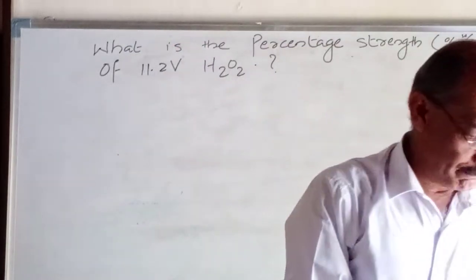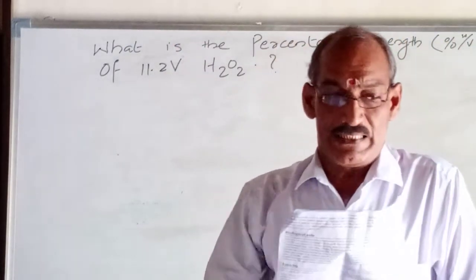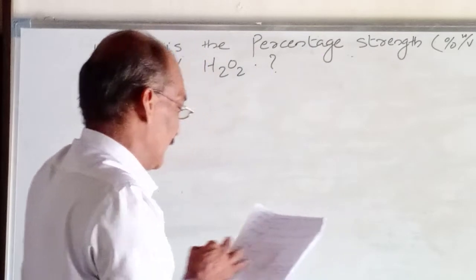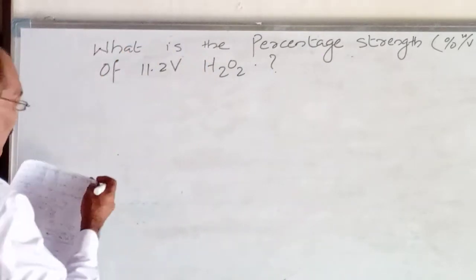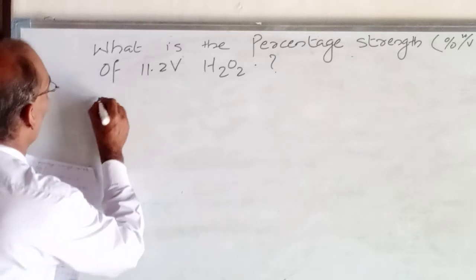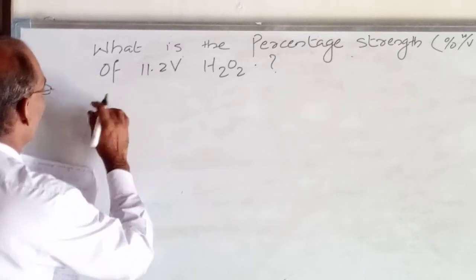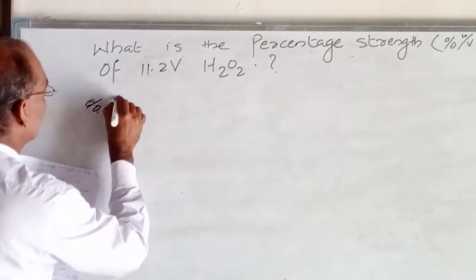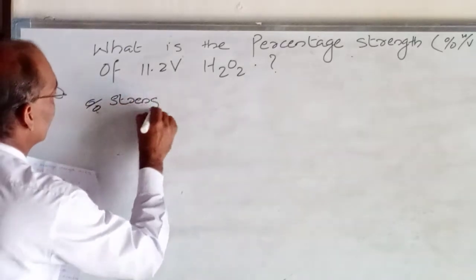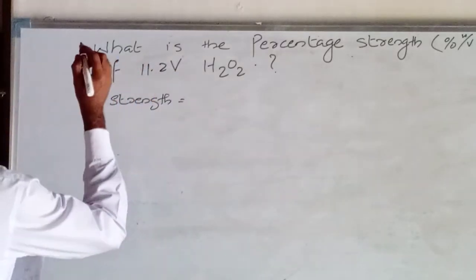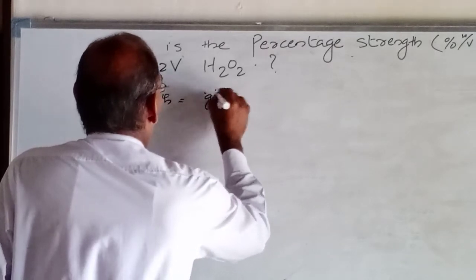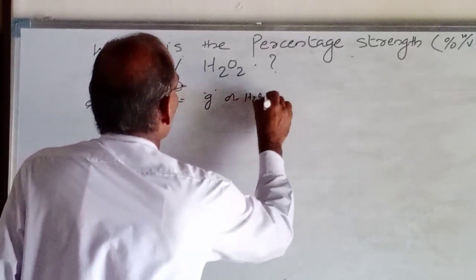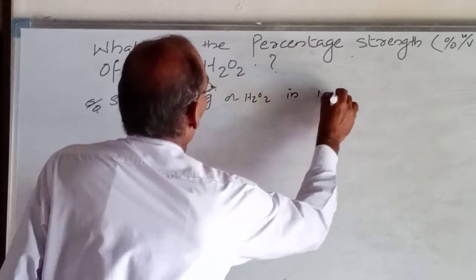What do you mean by percentage strength? Percentage strength means how many gram in 100 ml. So we can write here percentage strength is equal to grams of hydrogen peroxide in 100 ml.